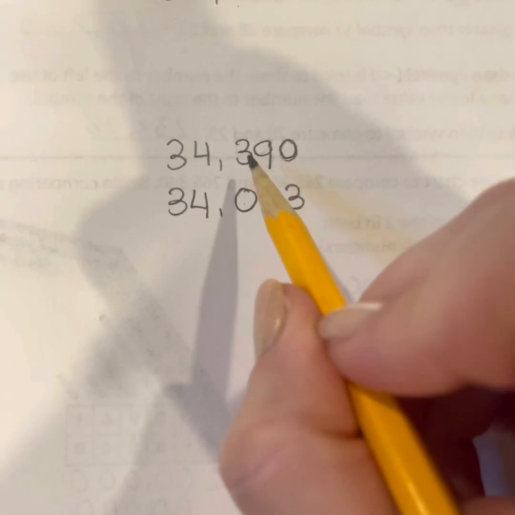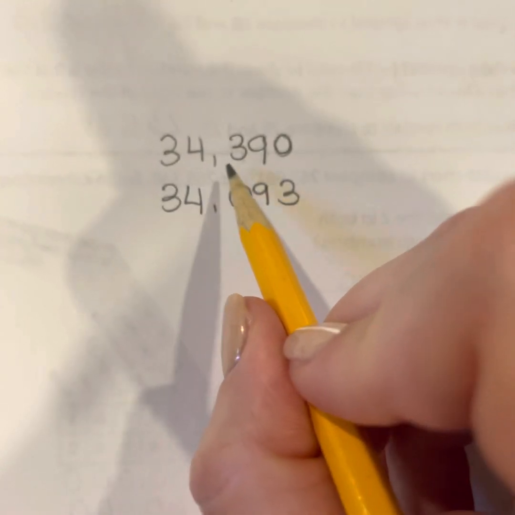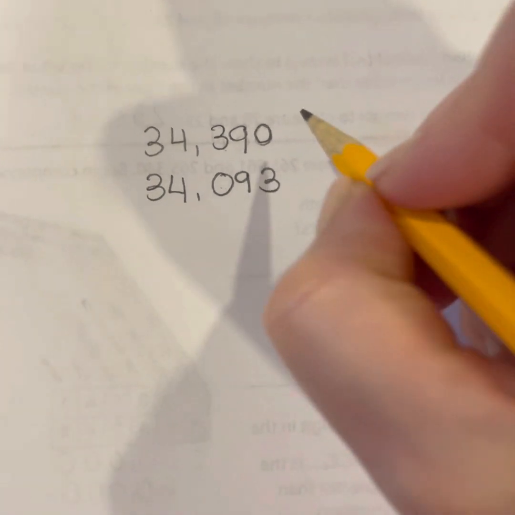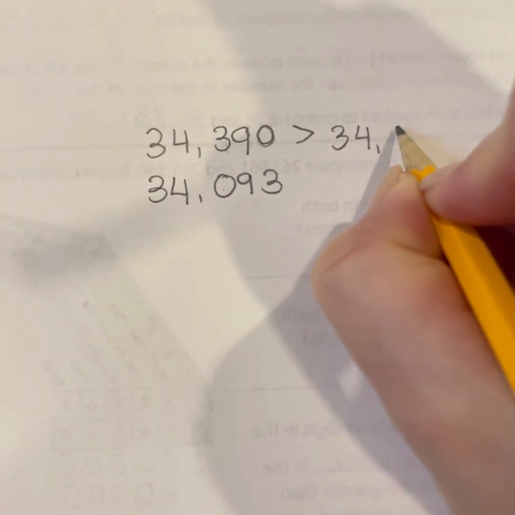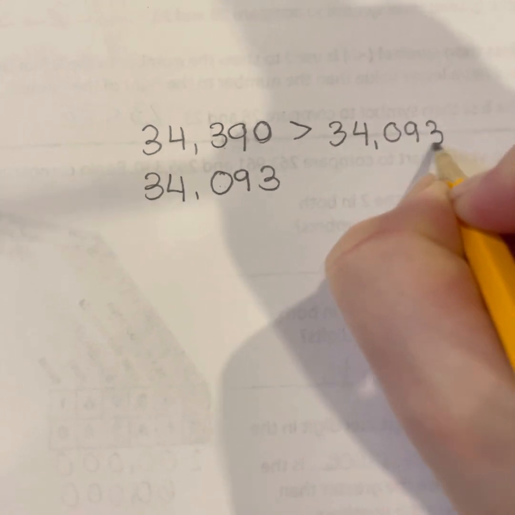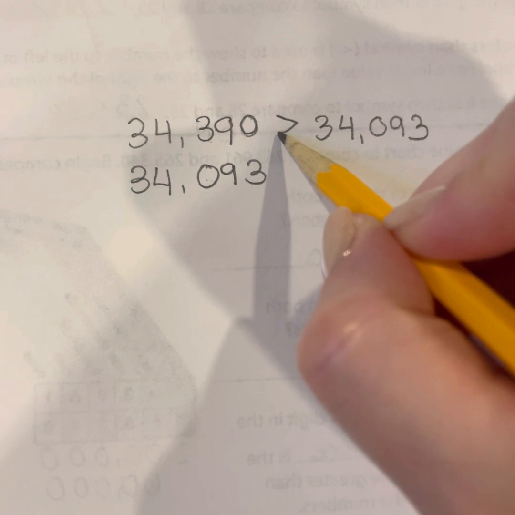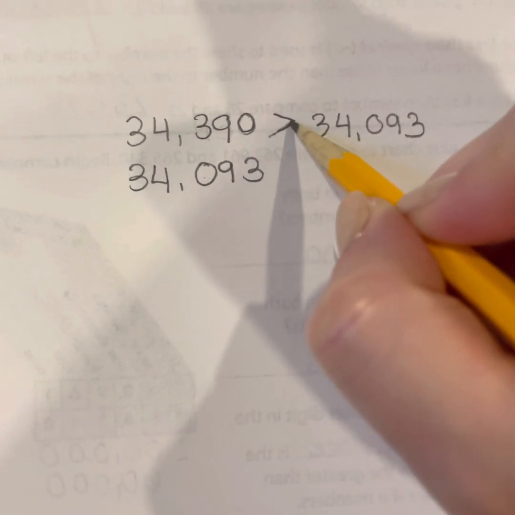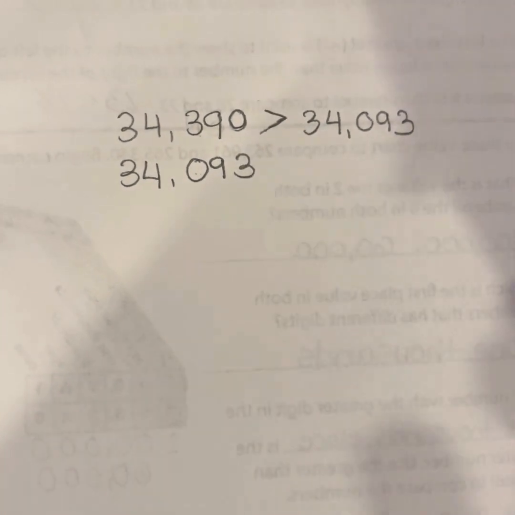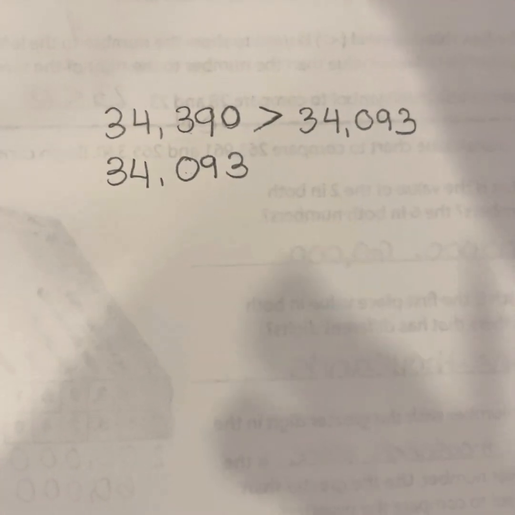The 3 is greater than the 0, so 34,390 is greater than 34,093. Okay, and remember we know that the greater than symbol is always open towards the greater number because the greater gator likes to eat a lot. It wants that greater amount of food.